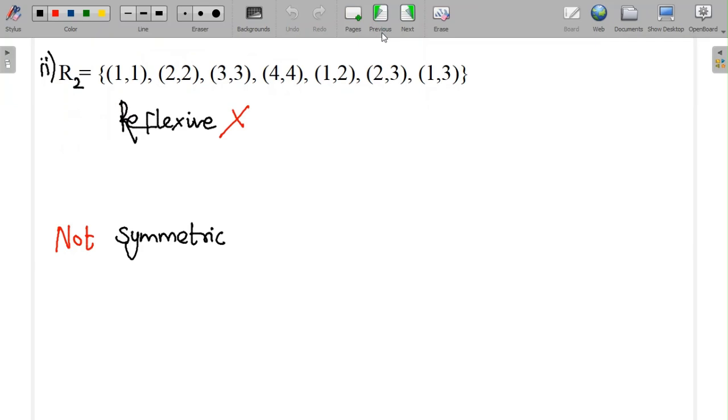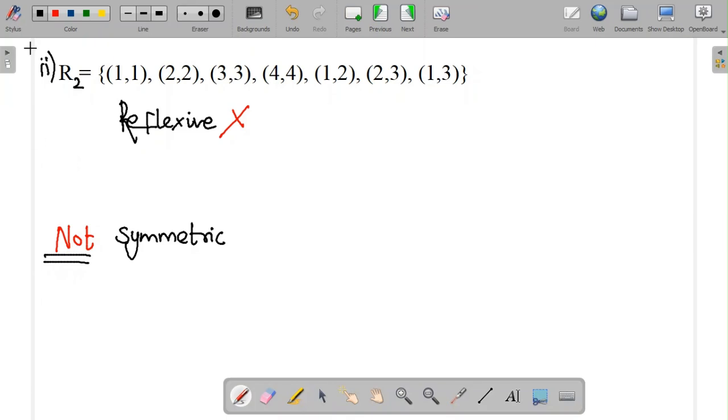So we have ruled out one of the three conditions. Let's consider the symmetric nature. And once again, it's quite obvious that this relation is not symmetric. Why do we say that?